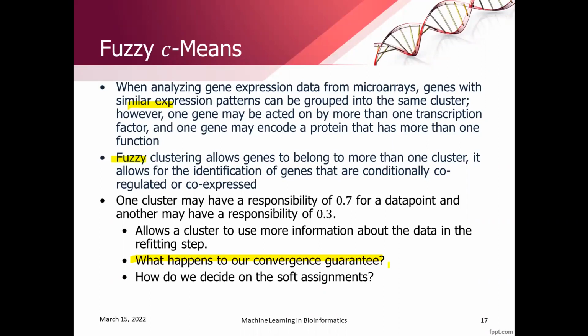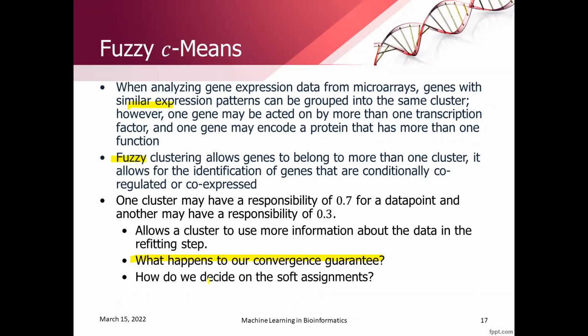If we change the assignment, then some criterion, which is a different criterion, you will see it on the next slide, will decrease. So we also have a guarantee that such an algorithm converges to some stable state, which can be considered the result of such clustering.